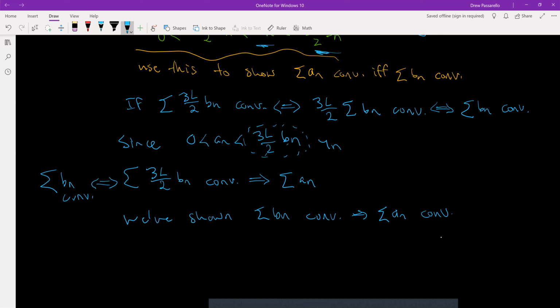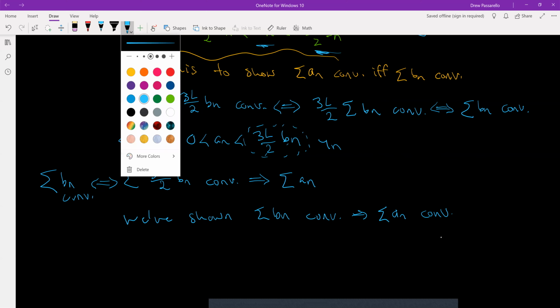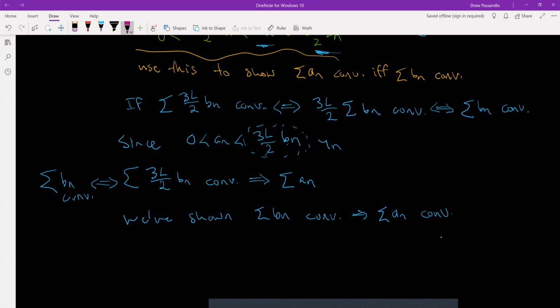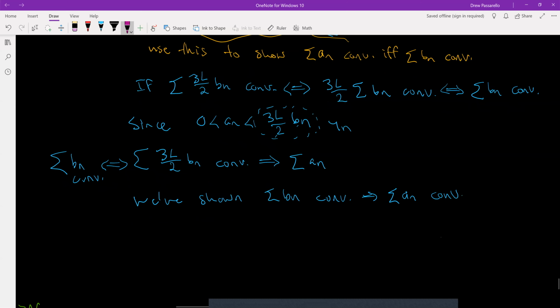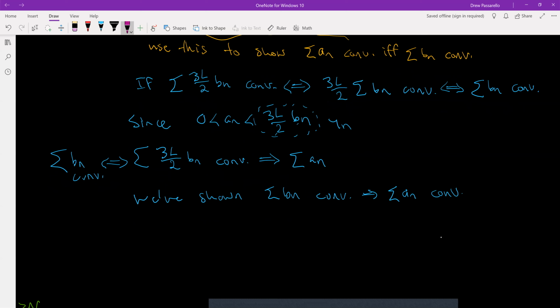Okay, now I'll use a different color. Now I need to show that if an converges, then bn converges.